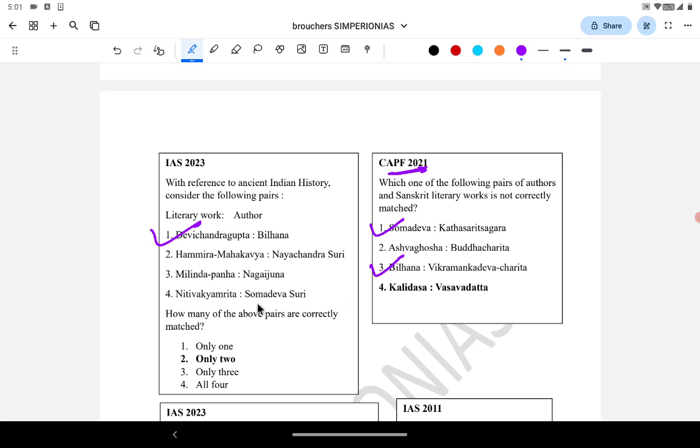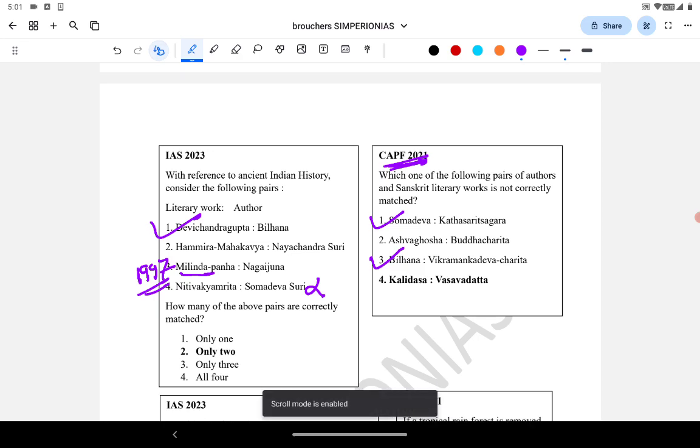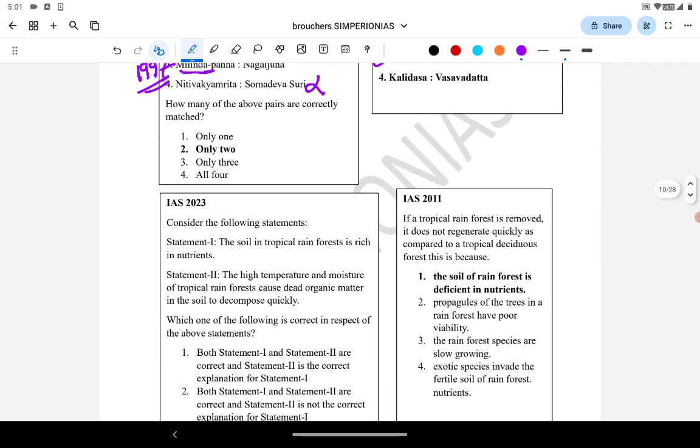Somadeva Suri, even this option was wrong. Milindapanho, Nagarjuna: this question was asked somewhere in the 1990s, in 1997 or 1998, in the civil services itself. So two of the options were asked in the CAPF 2 years back, and one option was asked in the civil services examination roughly around 1997 or 1998. Let's move on to the next question.